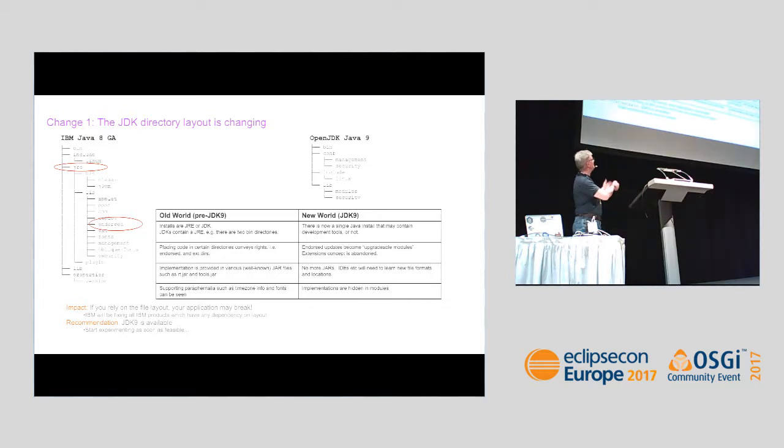So we have some changes to do in this area. I'm guessing we're not the only ones. I'm guessing you all have applications that are somehow dependent on this layout, or maybe the special privileges that come with the endorsed or EXTDIRs. So something to be aware of.